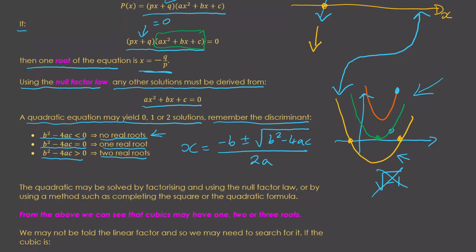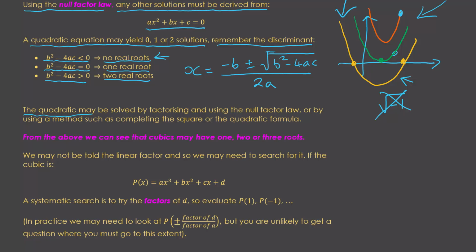If it's equal to 0, then this reduces to just -b/2a, so just one value. And of course, if it's positive, then we get -b plus that value and -b minus that value on top, and therefore we get 2 real roots.